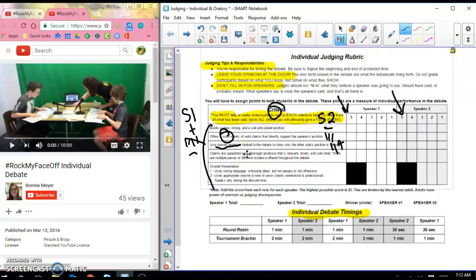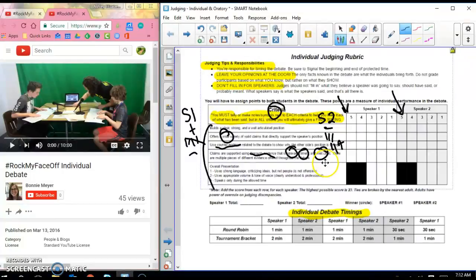The next one down is that claims are supported using thorough evidence that is relevant, timely, and well cited. That means that not just saying an example of something or referring to some article somewhere is going to get you a high rating on this.